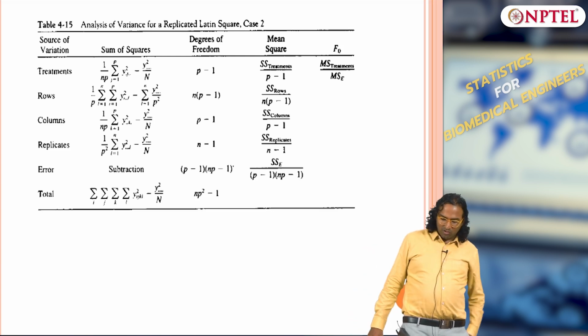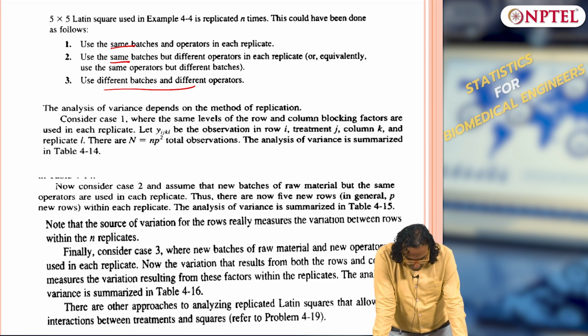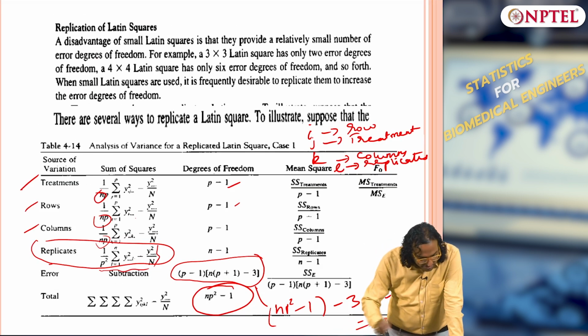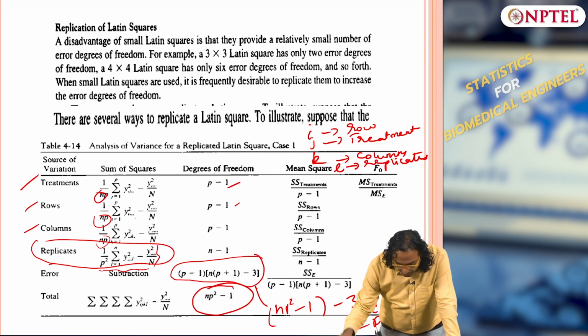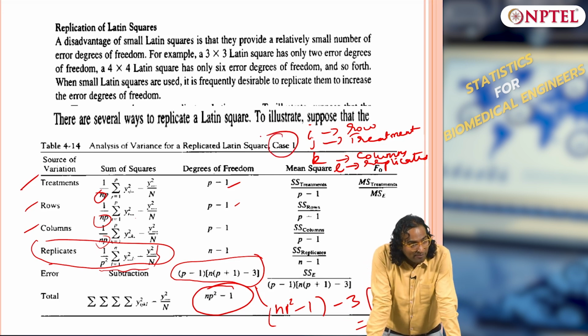For each of these cases we have something. This is the ideal case where everything is replicated exactly, meaning rows, columns and treatments are exactly replicated. This is case 1.